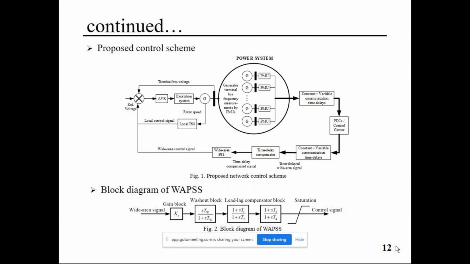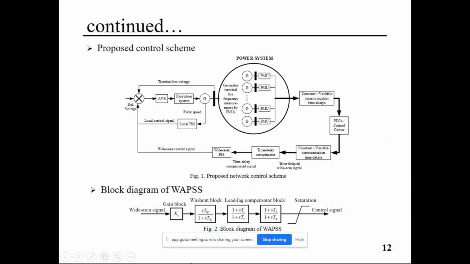If there is an inherent delay, where your local PSS is there and the wide area control signal comes into the picture, and your AVR, your excitation system, where you get the reference and the control signal for the local PSS augmented with the wide area PSS, that time delay has to be compensated, and your wide area PSS has to be designed in this respect.